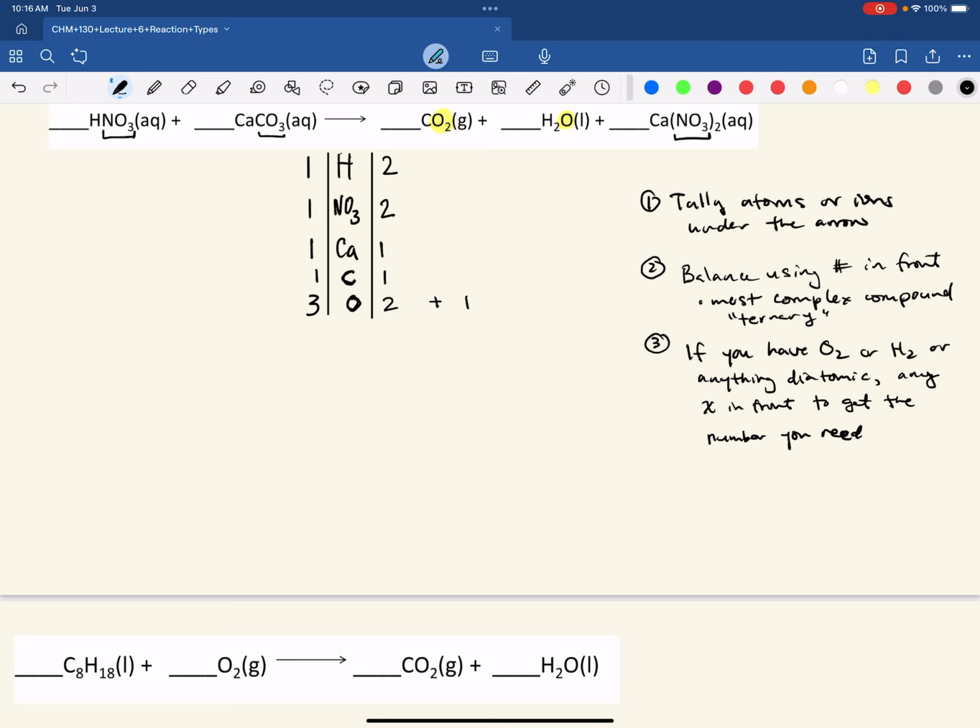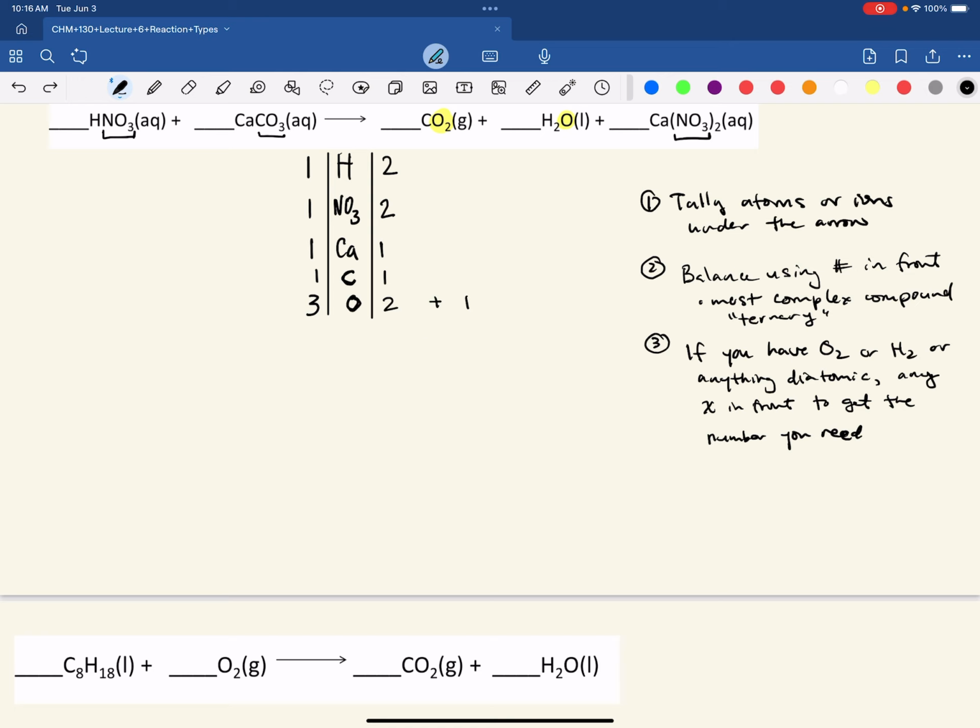The reason for that is if I put a number here, 3 in front, for example, it does not change the entire number. And if I wrote 3, oftentimes students will say 3 times 3 and write 9. And that would be incorrect because 3 only affects this 2. So it really is 6 plus 1. So it ends up being 7, not 9. So really, you don't want to write the number together if the number is separated.